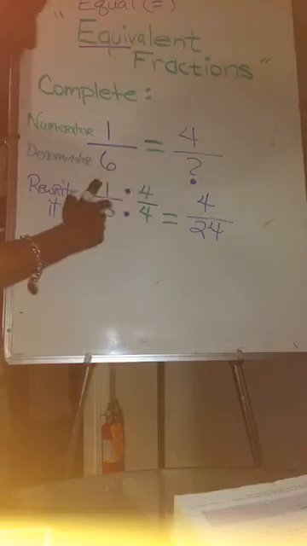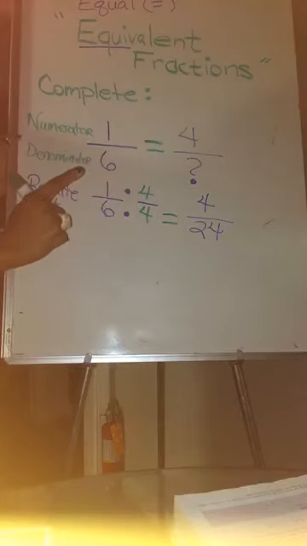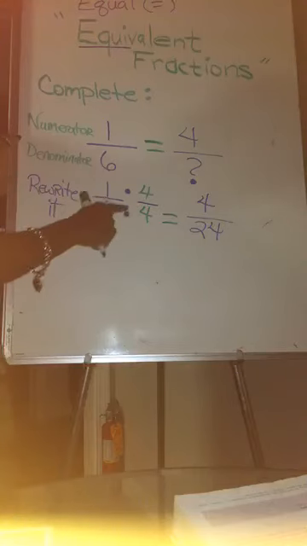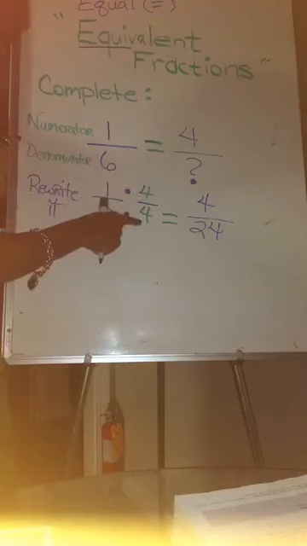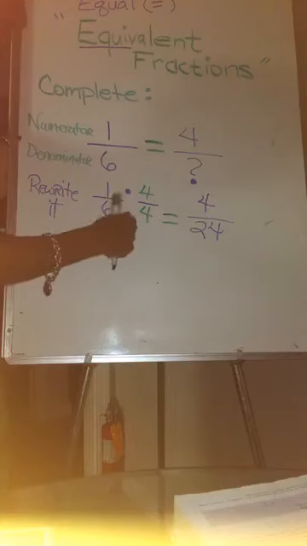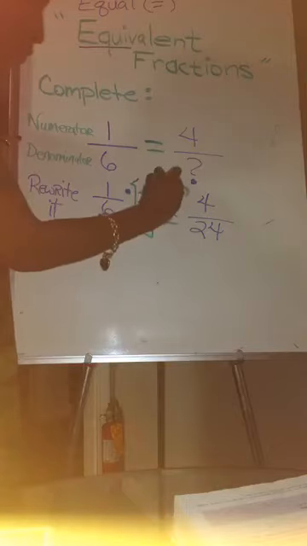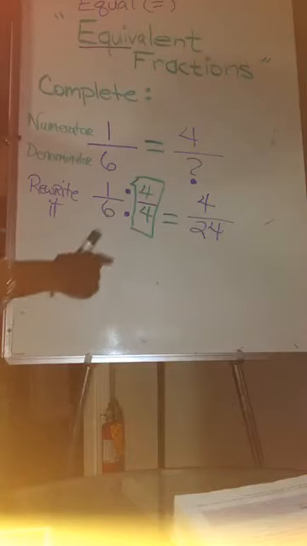Now remember, the reason that whatever you use here, you must use in the bottom number, whatever you do in the top, you must do at the bottom, is that 4 divided by 4 is 1. That's why I put a huge number 1, because 4 divided by 4 is 1.